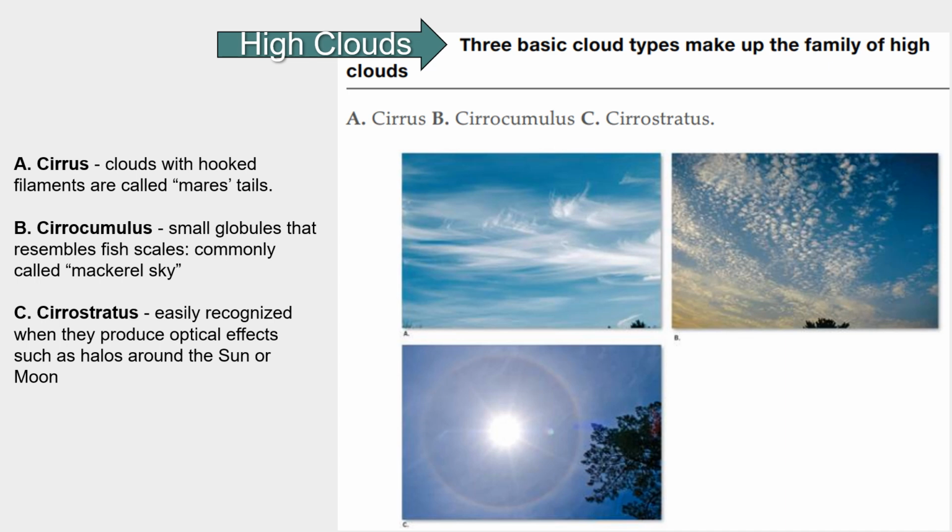They are commonly transparent, whitish cloud veils with a fibrous or sometimes smooth appearance that may cover much or all of the sky. Occasionally they are so thin and transparent that they are barely discernible.